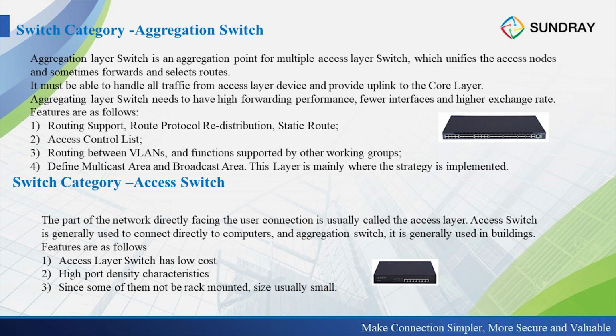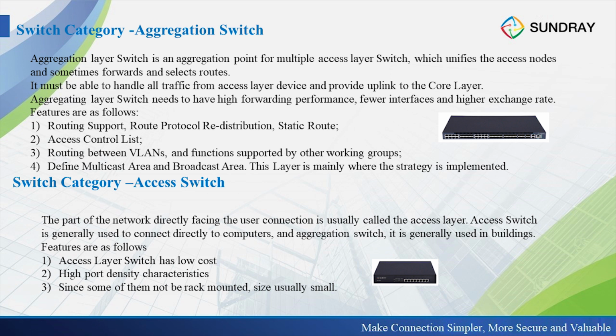And for the access layer switch, this part usually faces the user connection. For example, in your office, the desktop, the printer, and other terminals like the camera are connected to the switch, and that switch we call the access layer.